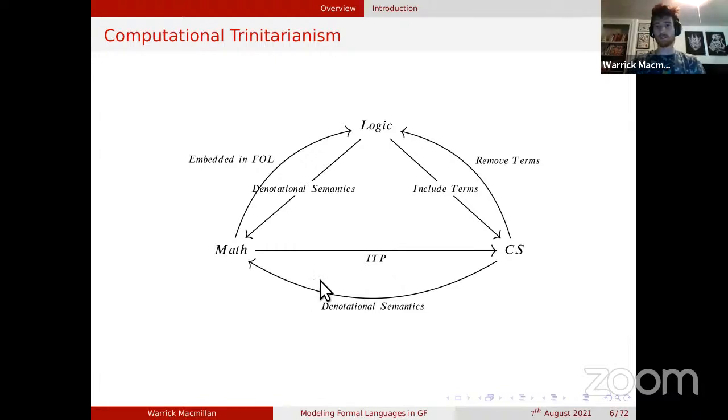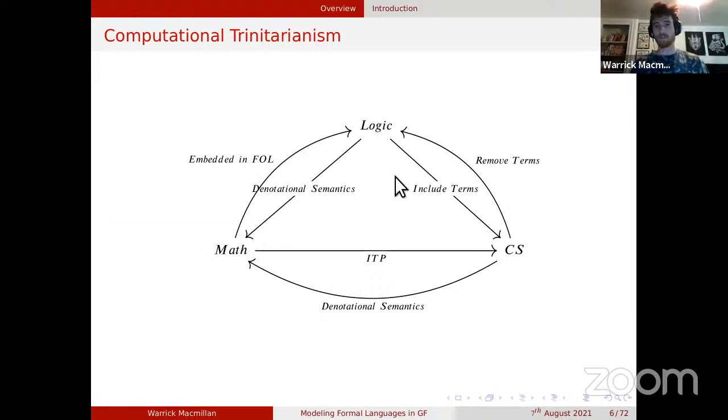mathematics. And then there's this top right direction between computer science and logic, which is the so-called Curry-Howard correspondence, propositions as types, or the Brouwer-Heyting-Kolmogorov interpretation of logic, where basically you include terms, proof terms, that encode some kind of justification of your proposition, that the computer can give you evidence that justifies that you constructed something of that type.